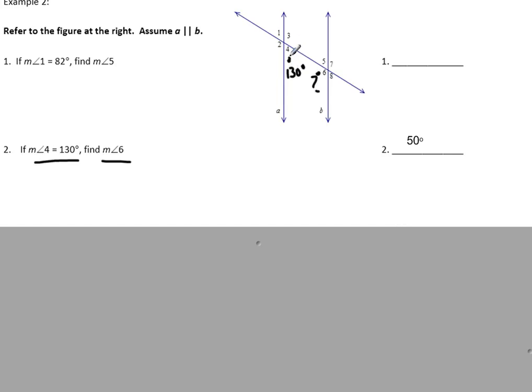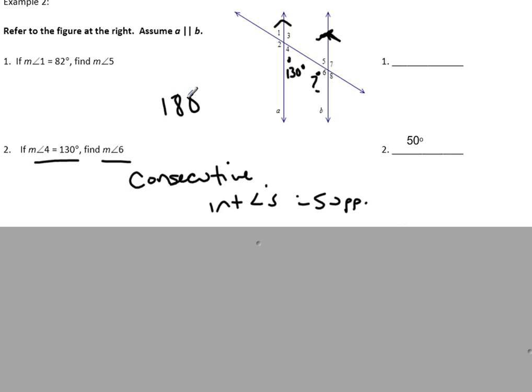Since angle 4 and angle 6 are consecutive interior angles, and consecutive interior angles are supplementary when the lines that form them are parallel, then we know angle 4 is 130, and the two angles together are 180, so we subtract 130 from 180 to get 50.